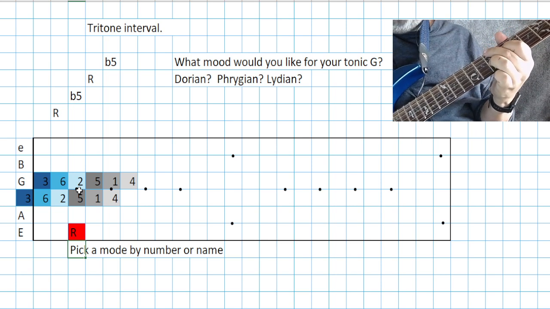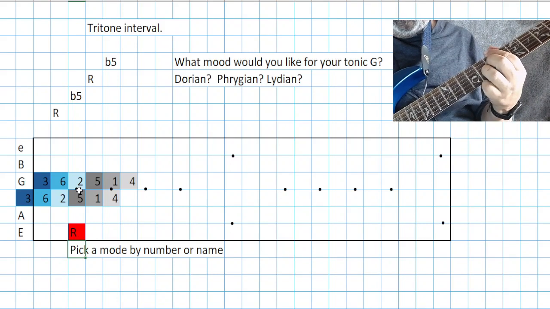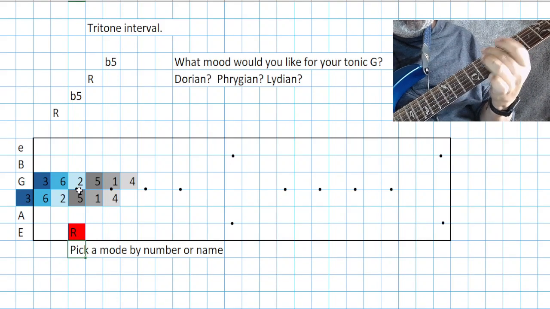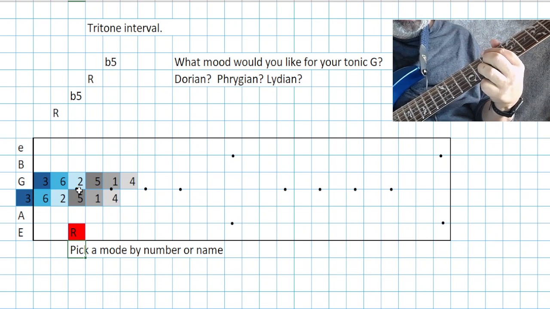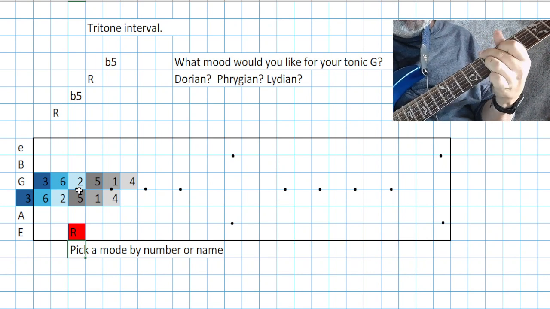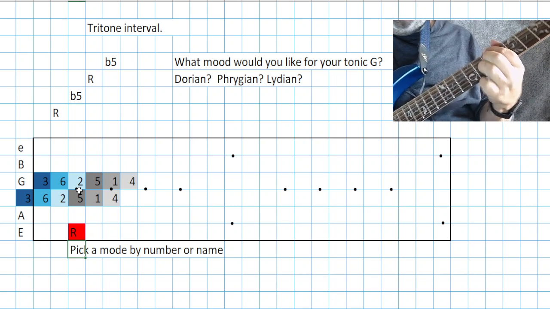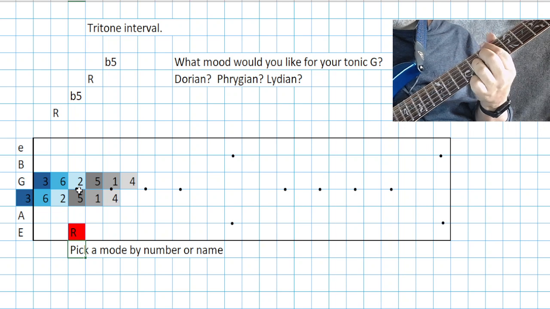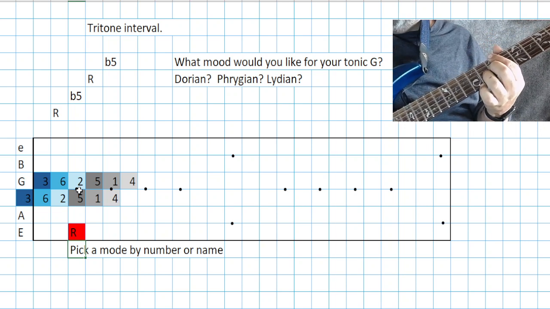Definitely comparable. Now there's an example of something kind of jumping outside of standard music theory.